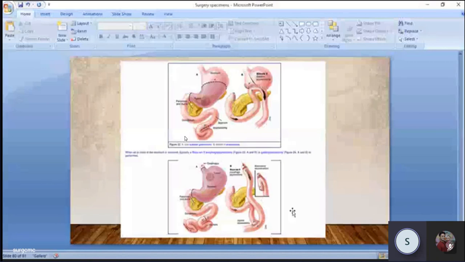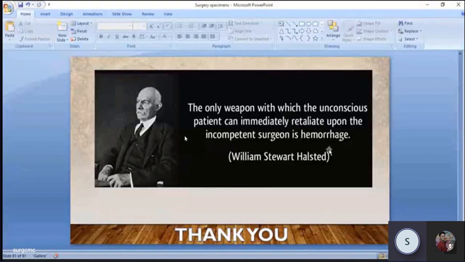There are two specimens which are missing, one is penis and one is breast. I have not found these in this department, but they can be given in your exam. You should be thorough with the specimen. What is the gross pathological type? What is the surgical anatomy? What is the importance? What are the surgical steps?